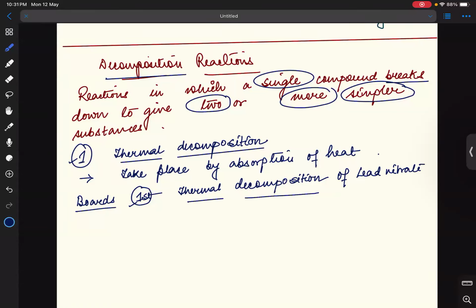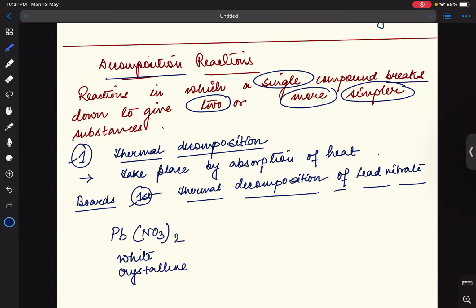So first and foremost thing by which explanation will be easier from my end, I'll write the reaction. Lead nitrate, we all know the chemical formula. This is white in color and crystalline in shape.